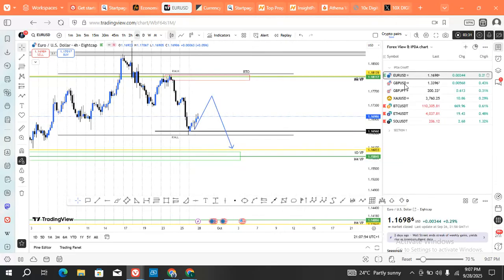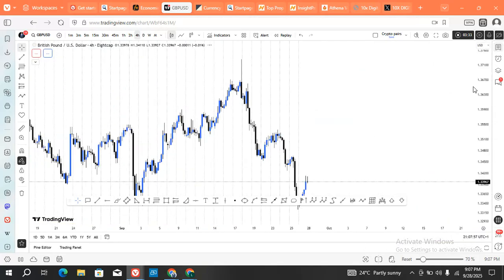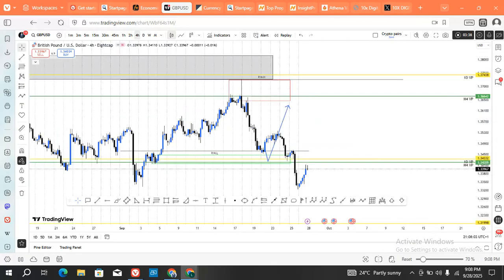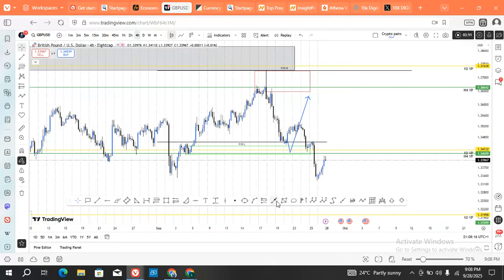The next on the line is GBP USD. And for GBP USD, this was our forecast for last week.